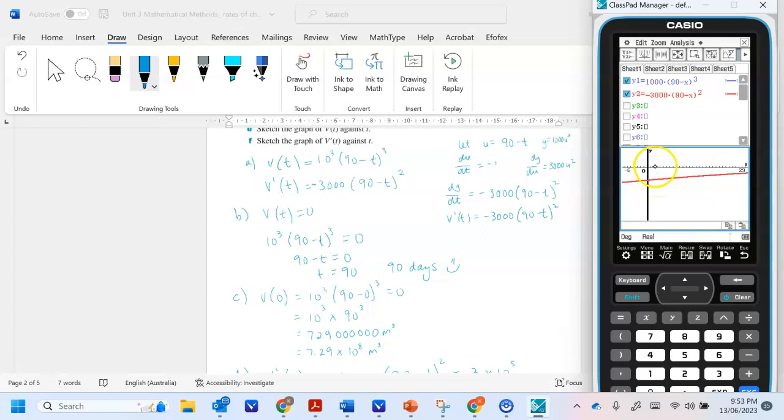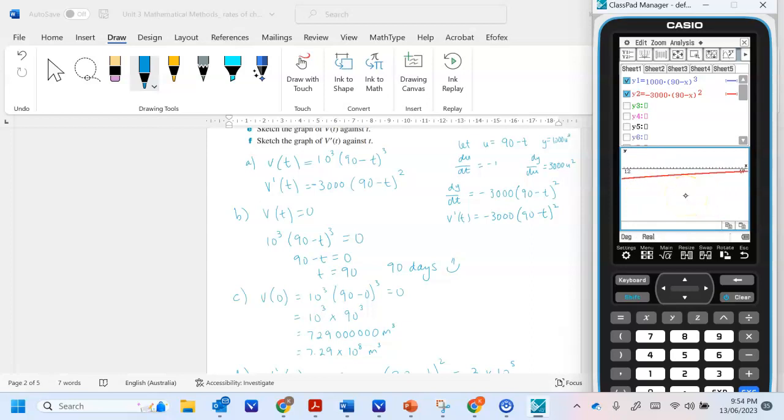The red curve, we're graphing our derivative function. So it's below our x-axis because it's being emptied. Remember it's going down, and the rate that it's being emptied is increasing.